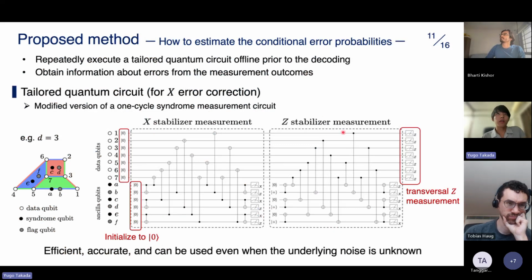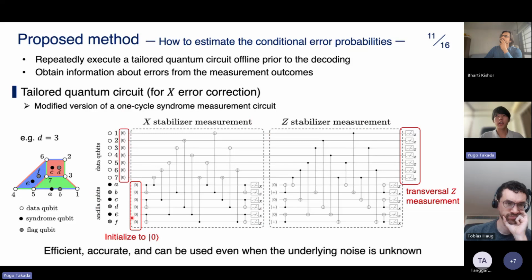This is a quantum circuit tailored for estimating the conditional error probabilities that is used when defining the weight of X errors, for the X error correction decoder with a distance-3 color code. In a one-cycle syndrome measurement circuit where X stabilizer measurement is performed, followed by Z stabilizer measurement, we initialize the data qubits to the tensor product of the zero state instead of the plus state and initialize all ancilla qubits for X stabilizer measurement to the zero state.